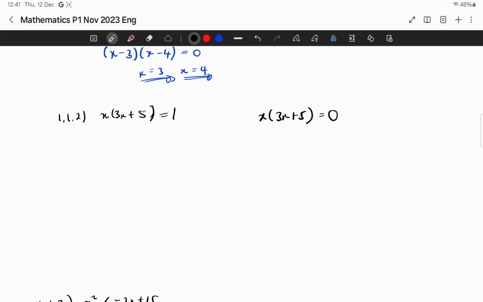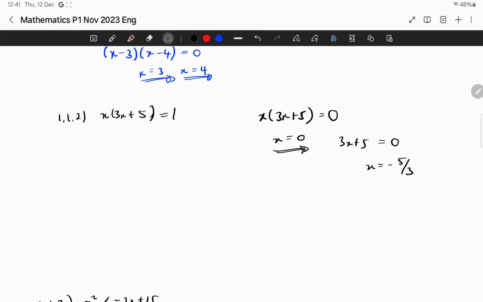Therefore x should be equal to 0 and 3x plus 5 should be equal to 0. Then x is equal to negative 5 over 3. So in this case you wouldn't have to simplify, you just solve directly.